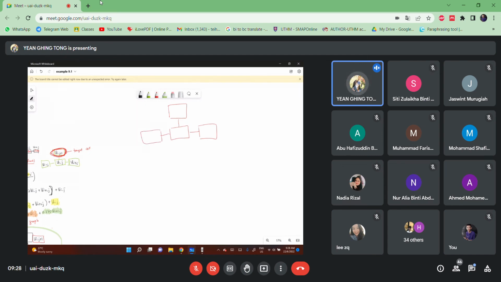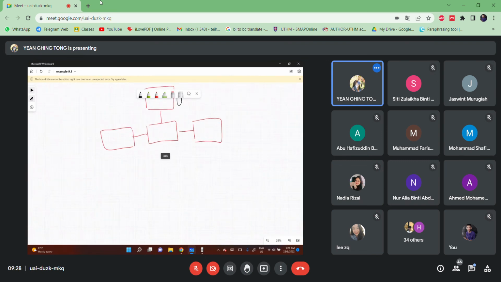So this the value u11. And this is u00, u10, u20.